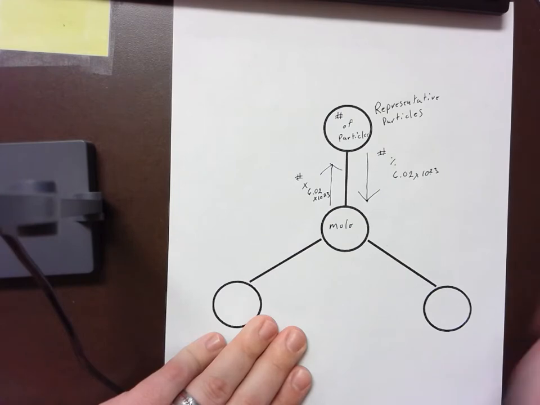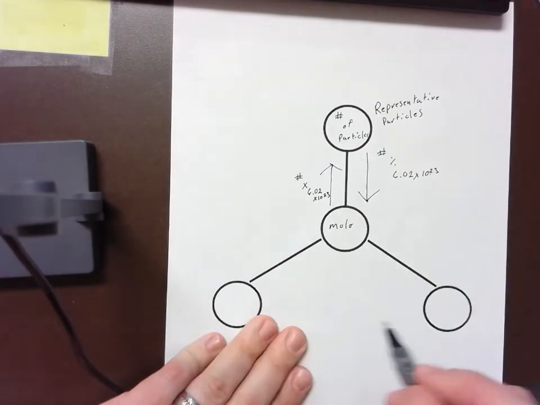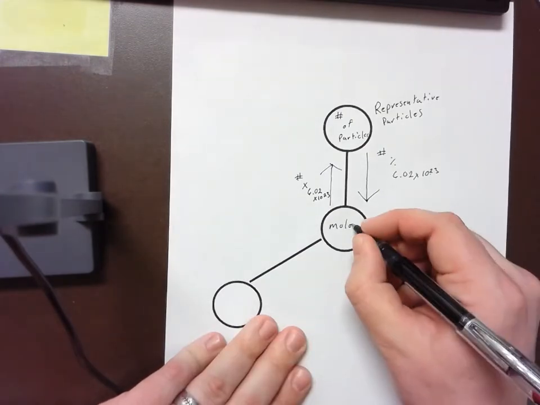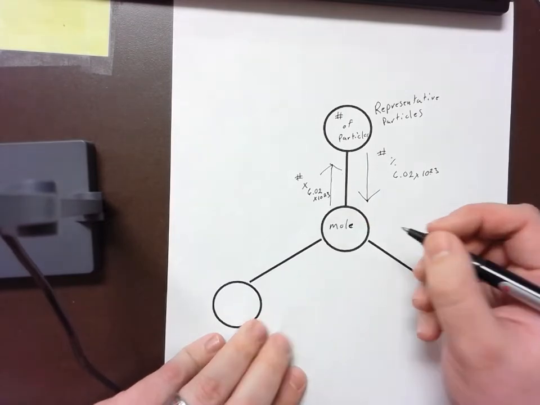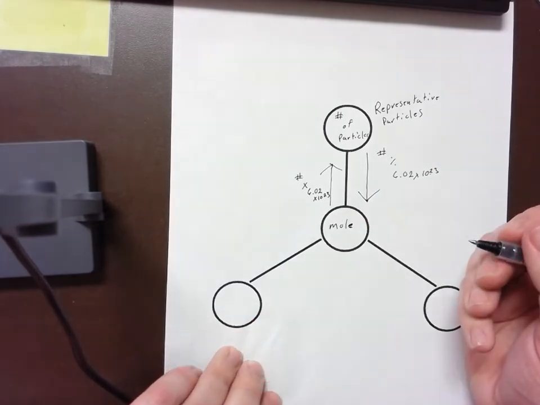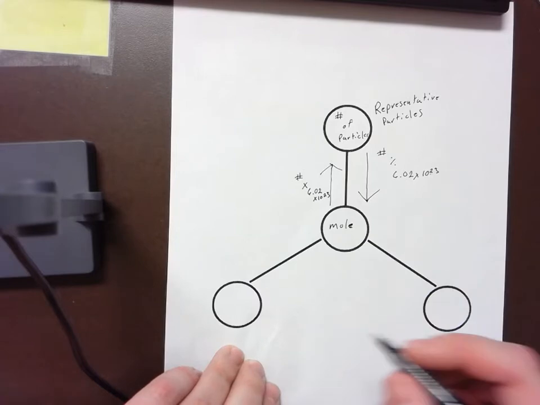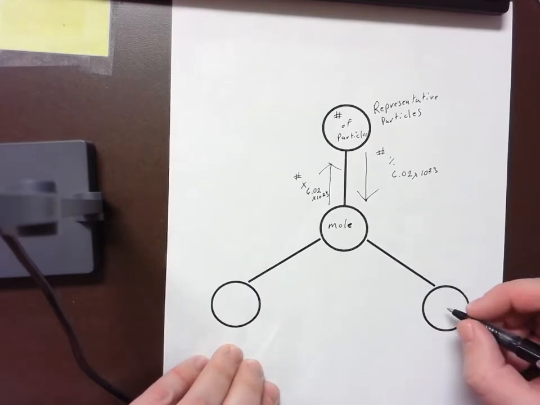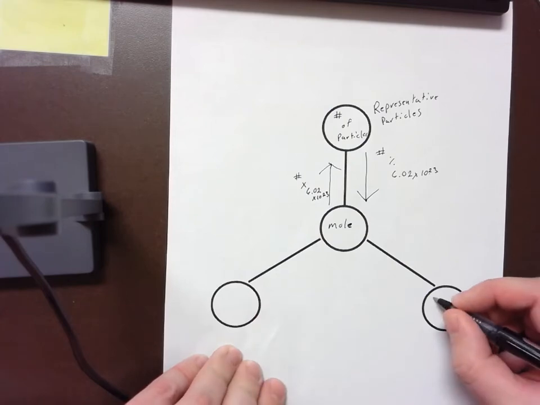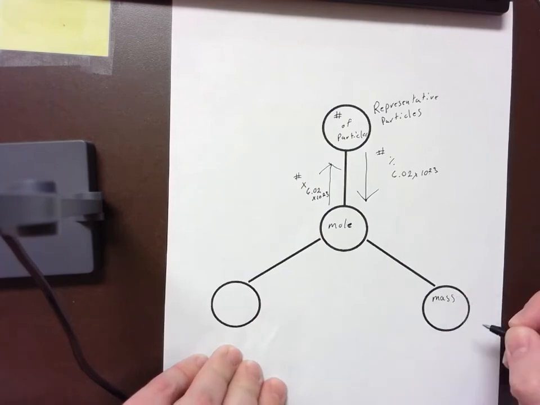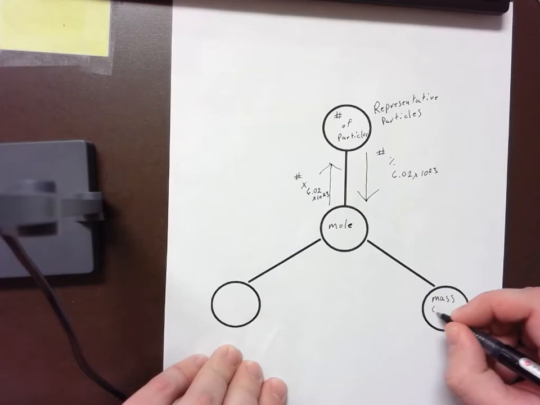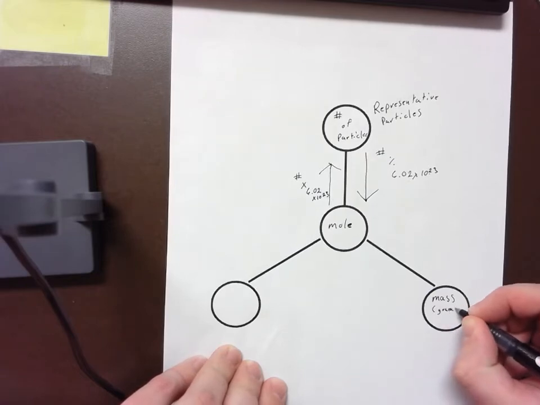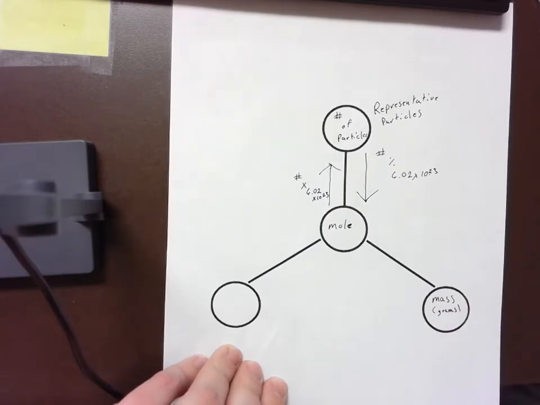Moving on. So if we're going from mole, our next thing was, we can go either side, but we'll go right side because I'm right-handed. It'll just make it easier. So we will go mass. So mass is always going to be in grams, because you're never doing a large scale experiment when we're here, so it'll always be in grams.